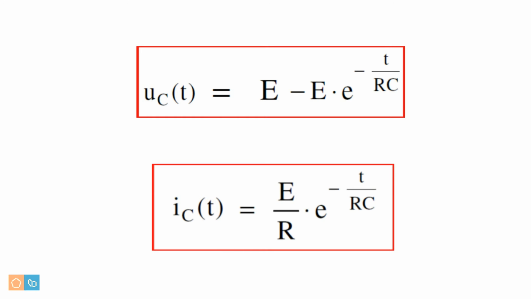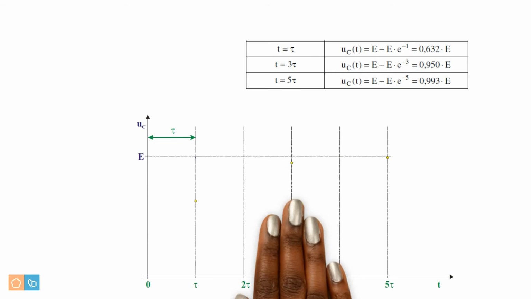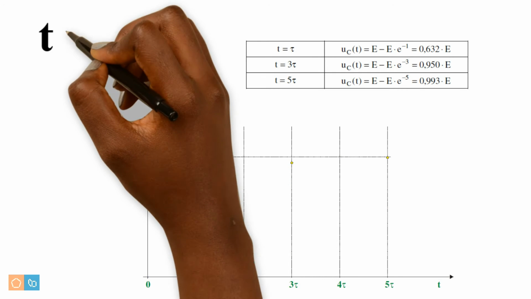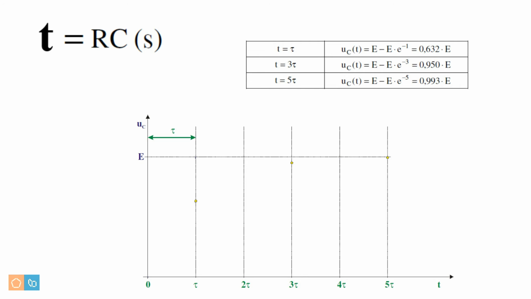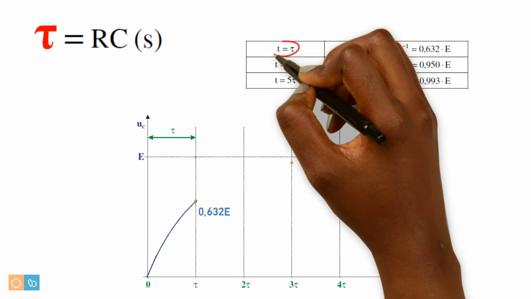But now, let's analyze the graphic representations of these expressions. After a time equaling R times C, the voltage across the capacitor terminals, initially discharged, reaches 63.2% of the value E. This time period, R times C, is called the time constant, which is represented by the letter tau.